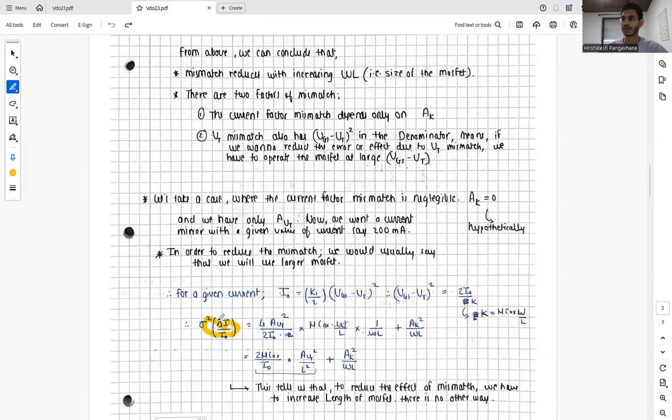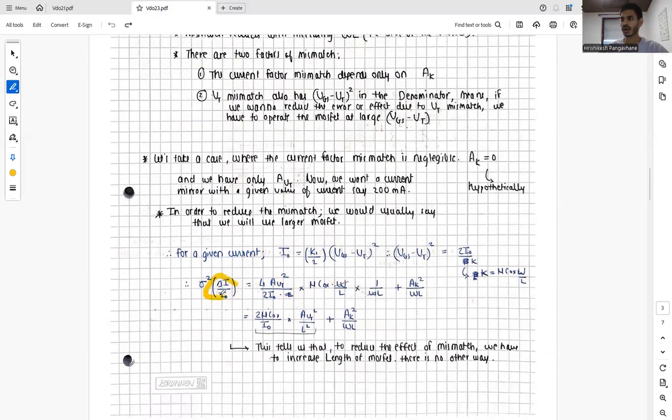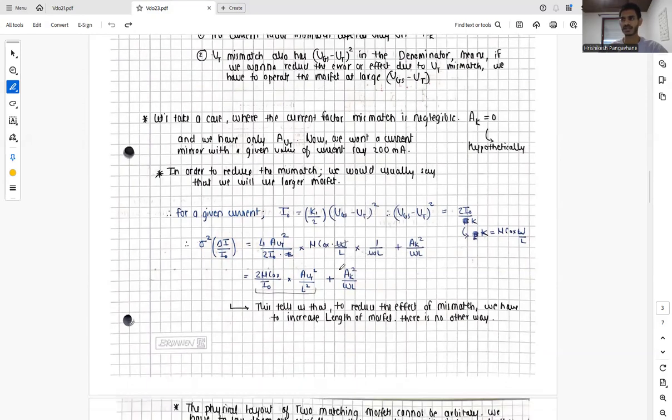So this is the equation we got, and when we put this value over here, our deviation breaks down to this equation, and this tells us that to reduce the effect of mismatch, we have to increase the length of the MOSFET, and there is no other way than increasing the length of the MOSFET.